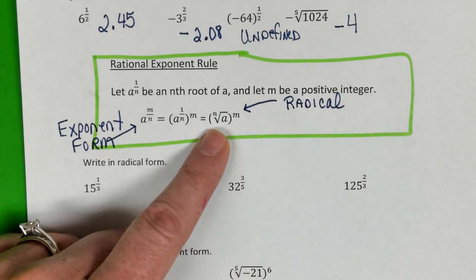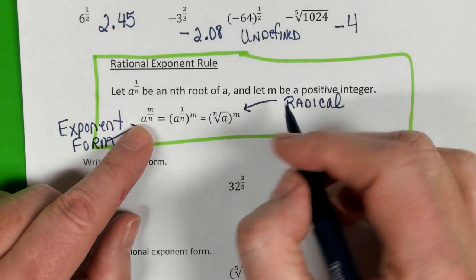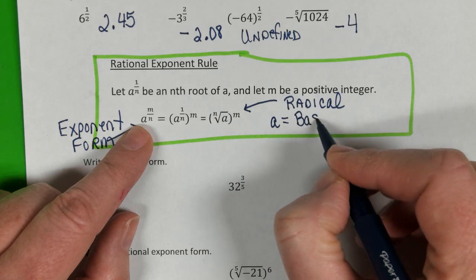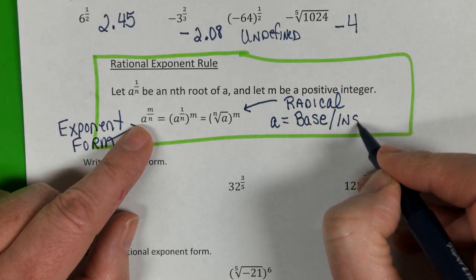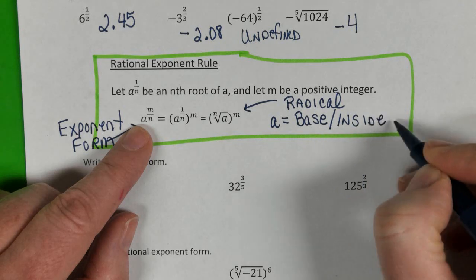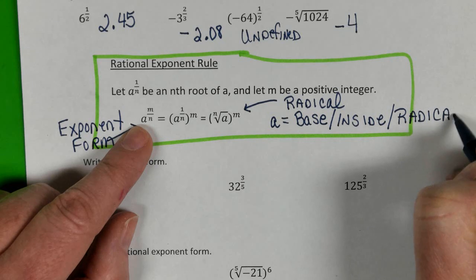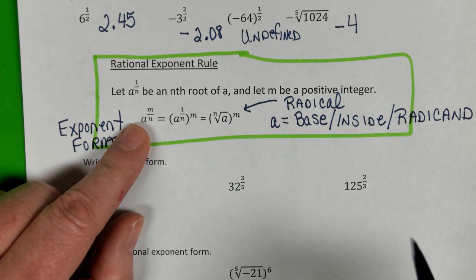Okay, and so what I want you to see is that the a value is your base from exponent form, and it is the inside of our radical. Later on we're going to learn that that's called the radicand. Okay, it's the radicand, it's the base.